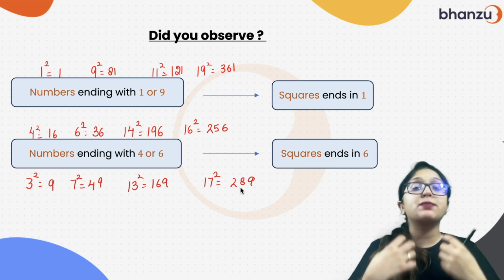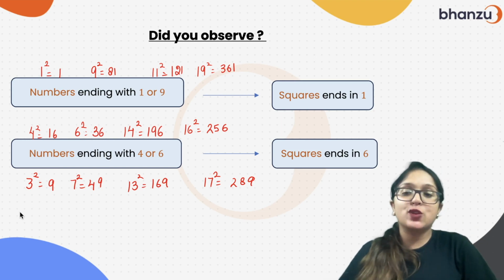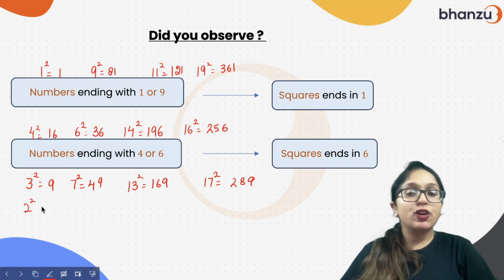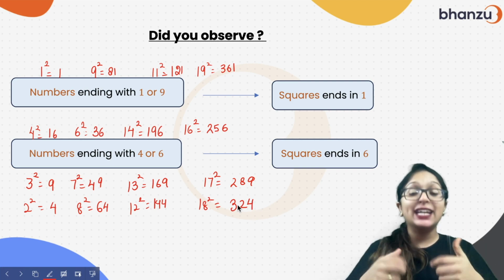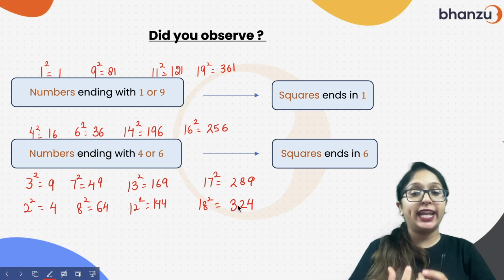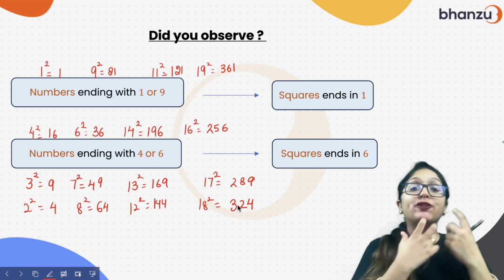And let's check with the numbers that end with 2 and 8. 2 square is 4, 8 square is 64, 12 square is 144, and 18 square is 324. Did you notice that? The numbers that end with 2 and 8, their squares end with 4 only.